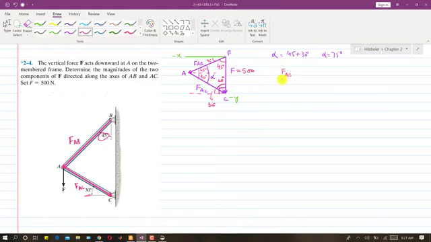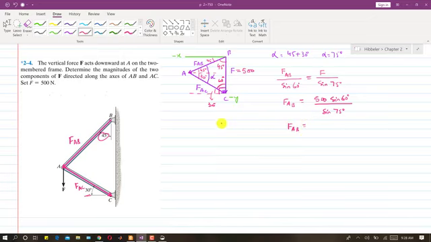So FAB divided by the sine of the opposite angle, which is sine of 60 degrees, equals F divided by the sine of its opposite angle, sine of alpha, which is 75 degrees. So FAB will be equal to 500 into sine of 60 degrees divided by sine of 75 degrees. If I solve this, it will give us the component of force F along AB.